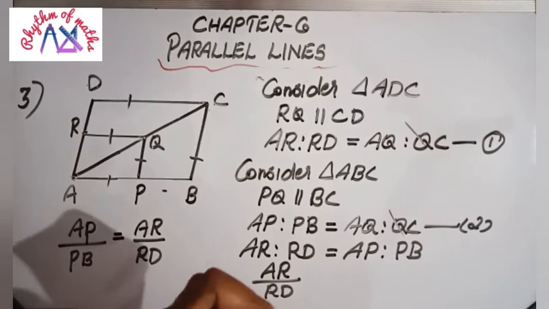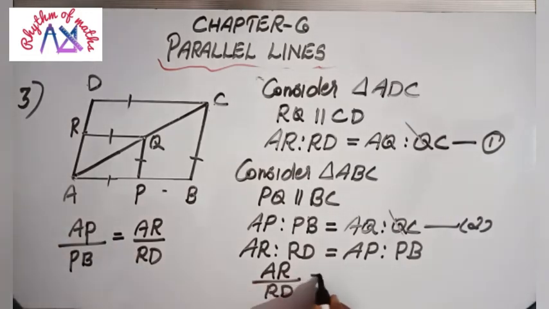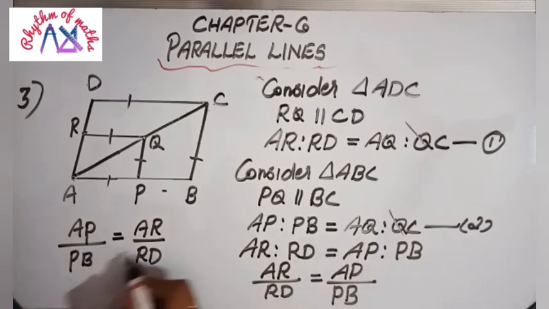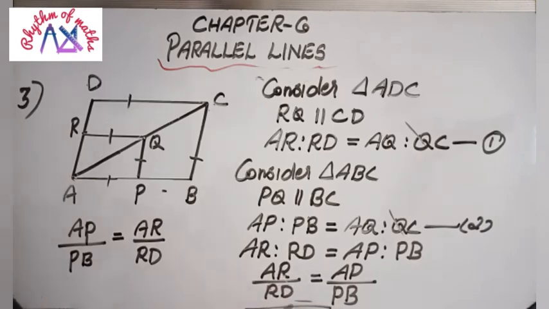AR by RD equals AP is to PB, in fraction form AP by PB. Now check what we need to prove. AP by PB equals what? AR by RD. Like here, AR by RD. So this is the third one's proof.